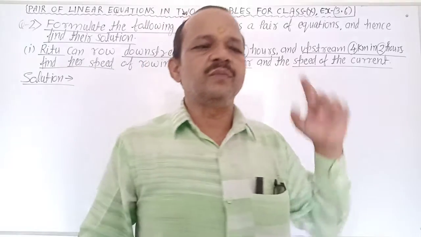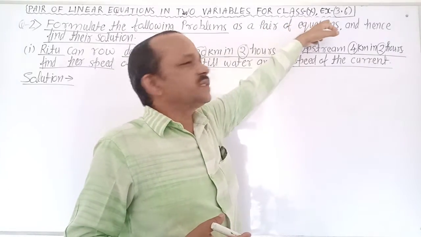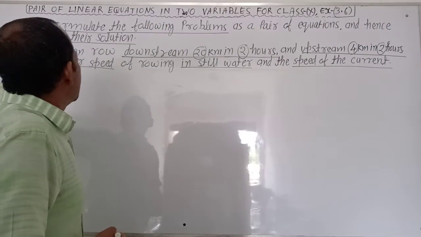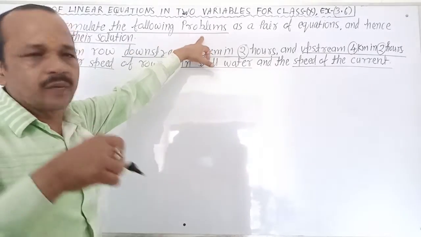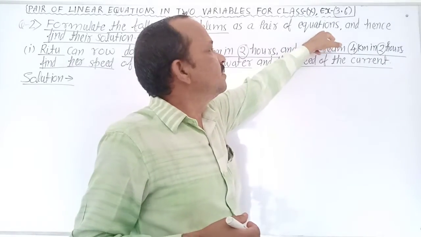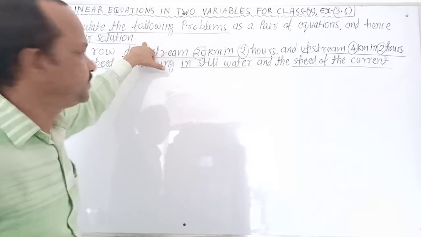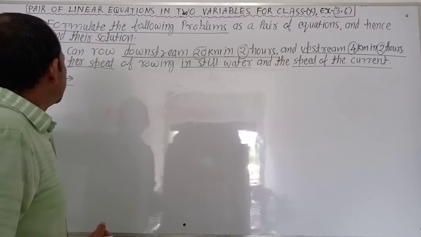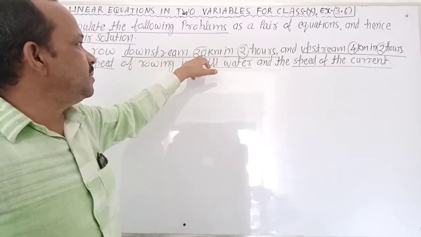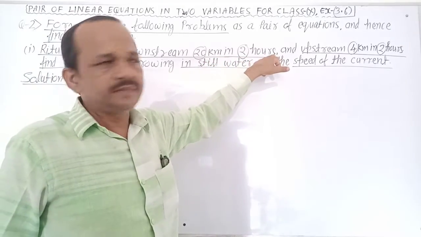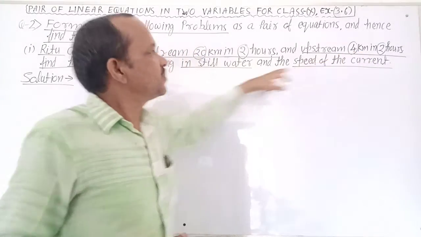See the board. Pair of linear equations in two variables for class 10, exercise 3.6. Question number 2. Formulate the following problems as pair of equations and hence find their solution. Question 2 part 1. Ritu can row downstream 20 km in 2 hours and upstream 4 km in 2 hours.